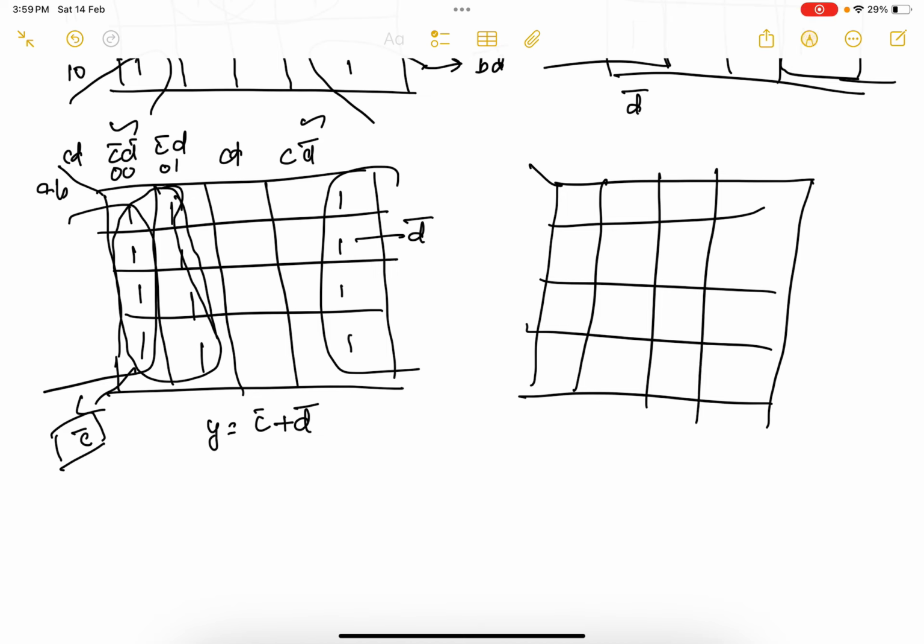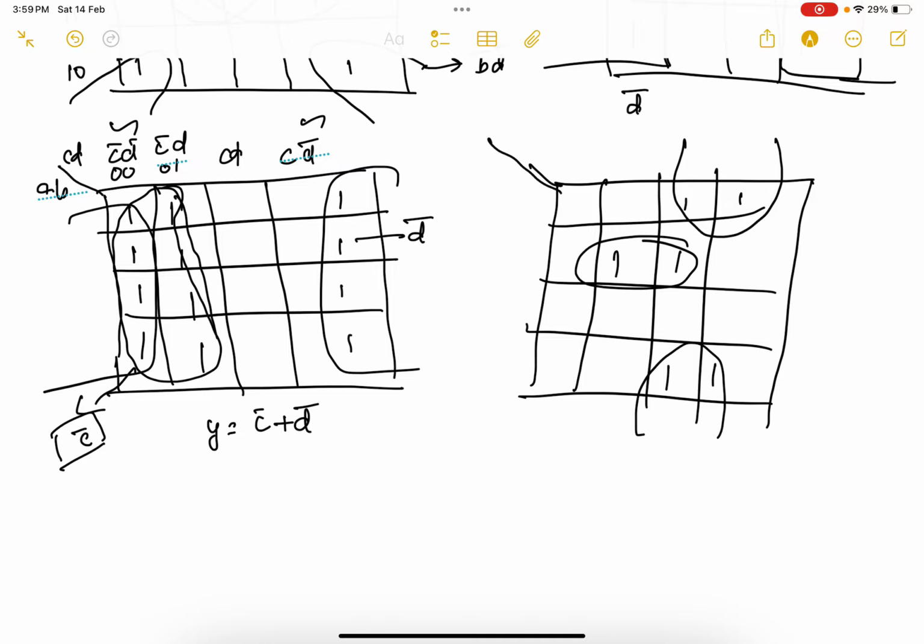In this example, if I have 1 and 1 here, 1 and 1 here, and 1 and 1 here, what will it do? This will be a quad, and this is one pair.